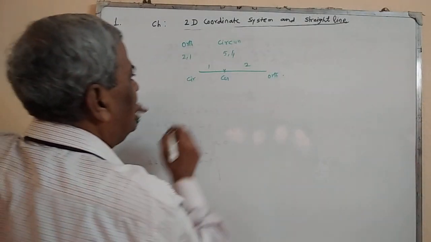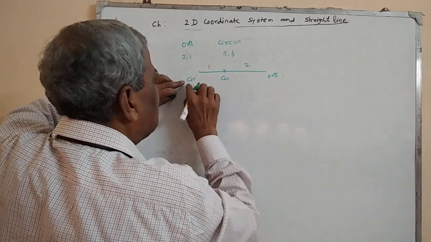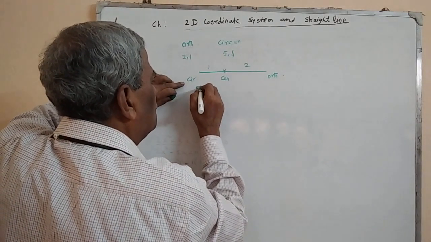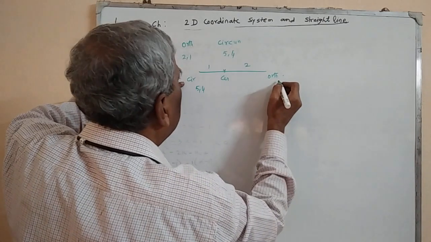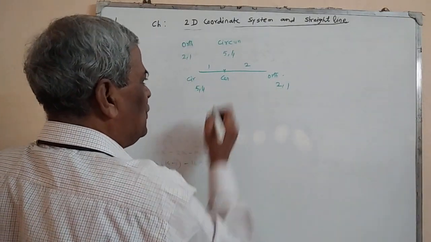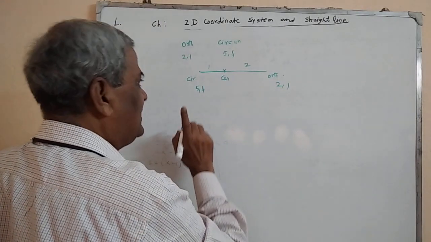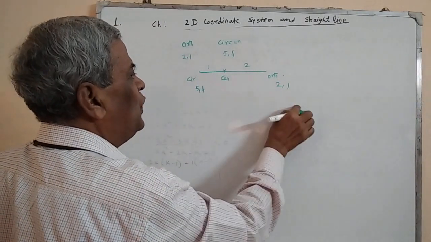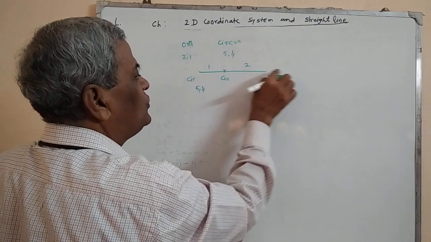Now here in the present problem, circumcenter is 5,4, orthocenter is 2,1. So the centroid divides internally these 2 points in the ratio 1:2.